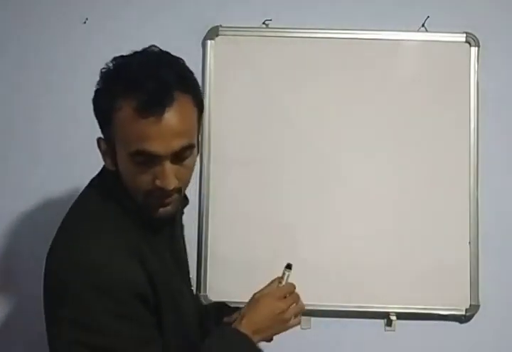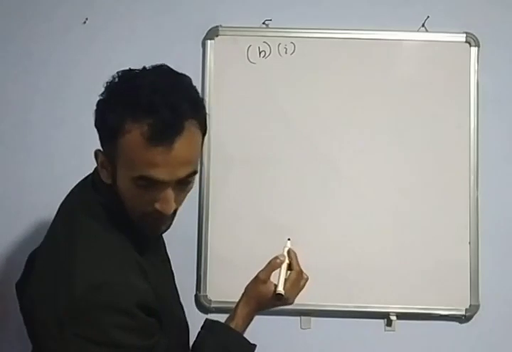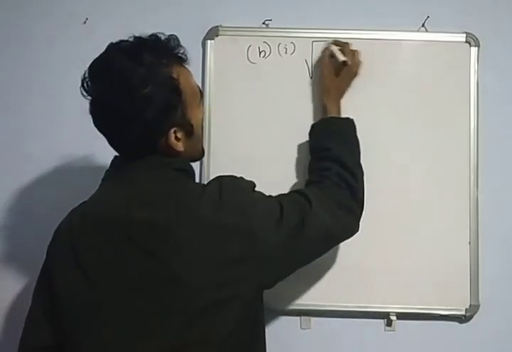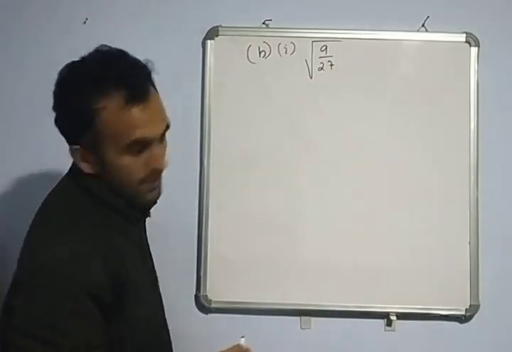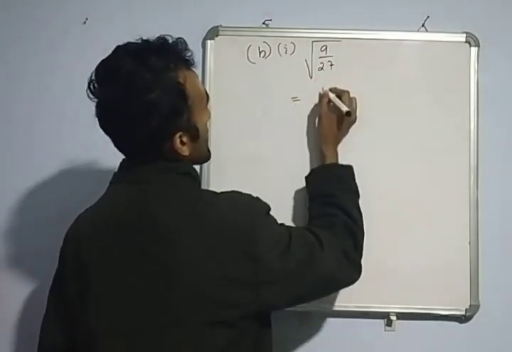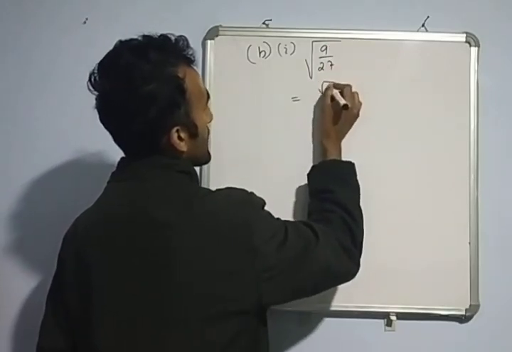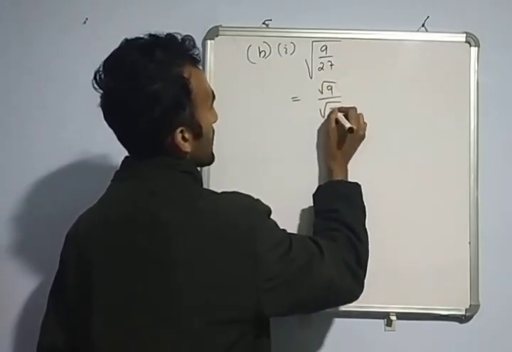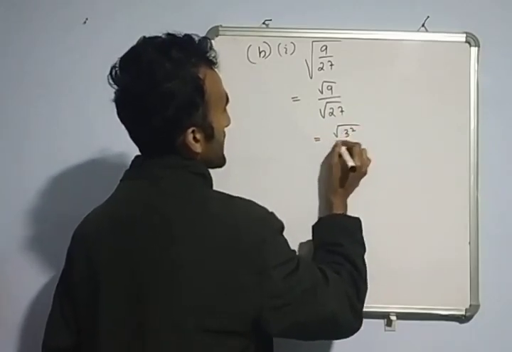Okay. Next, B. Sub number 1. Sub number 1 is root over 9 by 27. See, whenever you have a square root over a numerator and denominator, it goes to both. Root over 9 by root over 27. Root over 9 means root over 3 square. I am writing every step.